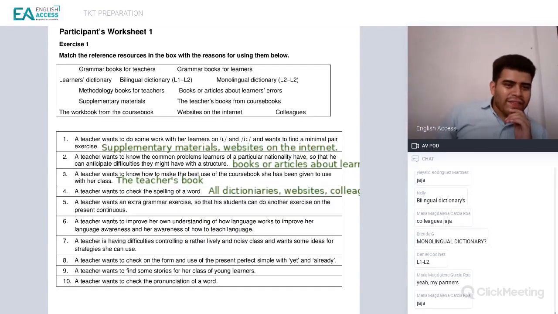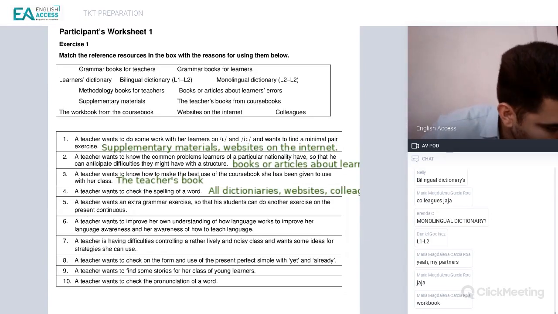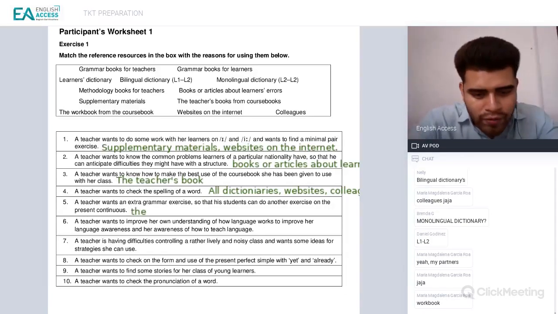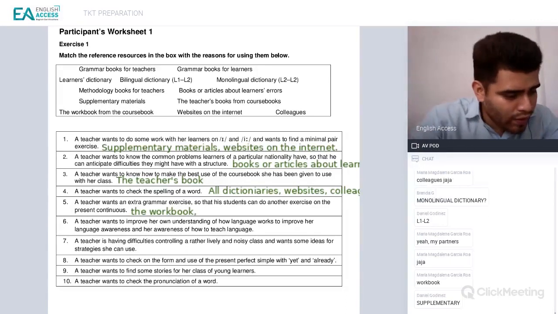Next, 5. A teacher wants an extra grammar exercise so that his student can do another exercise on the present continuous. Let's see. The workbook. Very good.